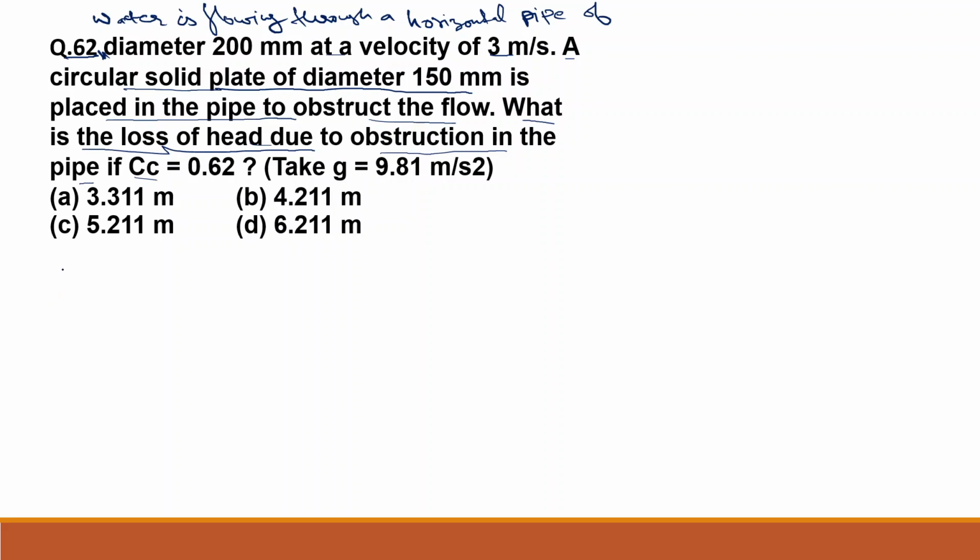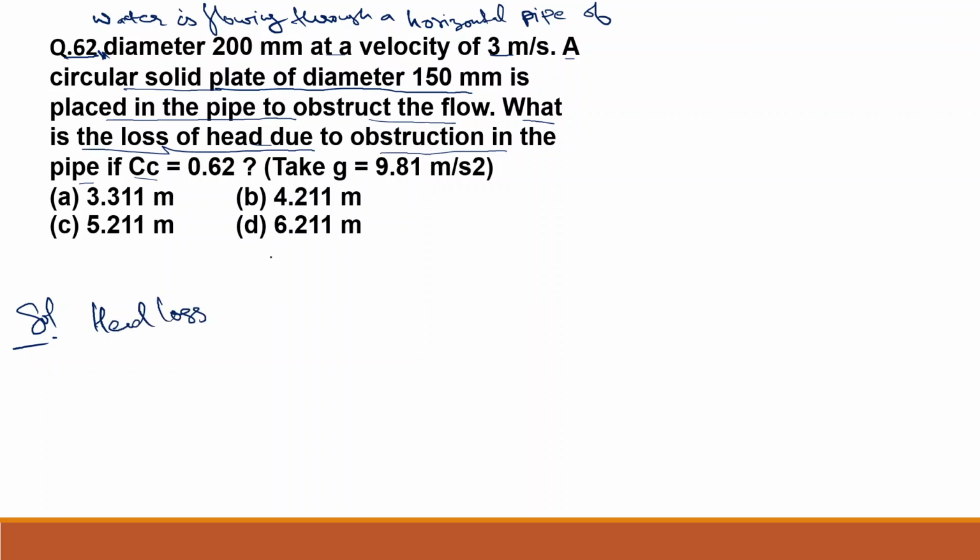Okay, first I will write the given data. The diameter is given, and Cc is also given. The value of Cc is the coefficient of contraction. This is very simple. First I will write what I have to find out.